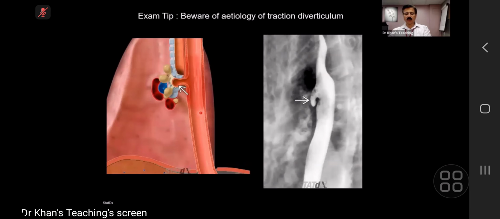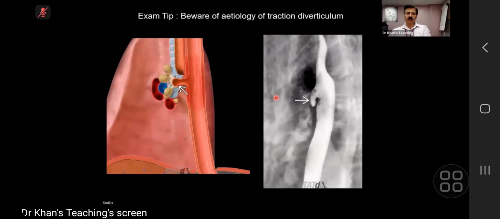Traction diverticulum, again, etiology is different. Traction means that there might be lymph nodes which will pull part of the esophagus towards it, and it gives you a classical appearance.